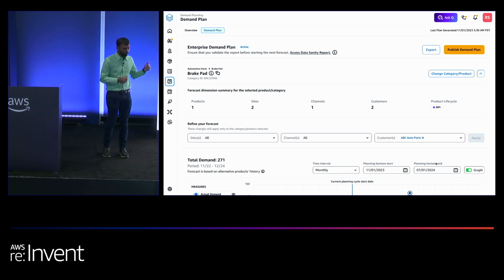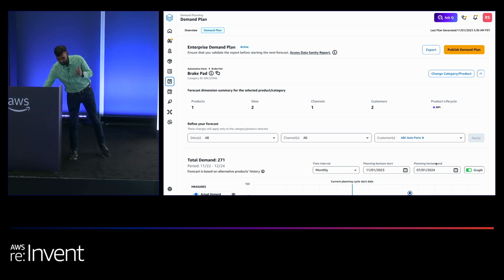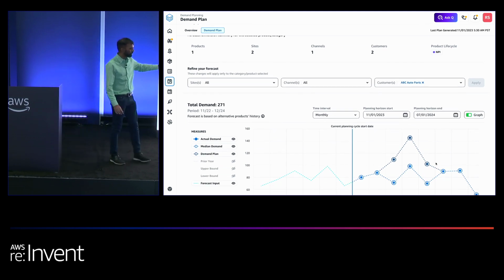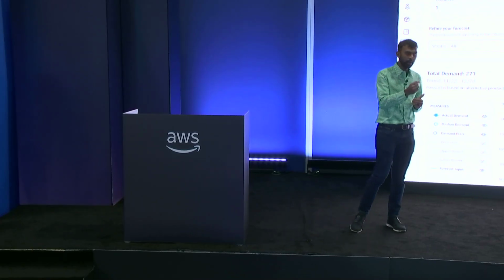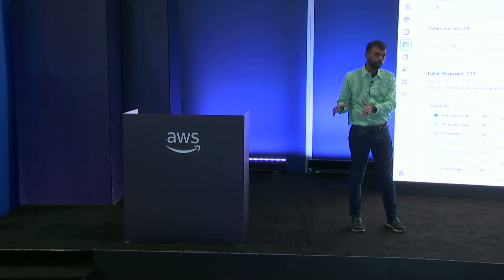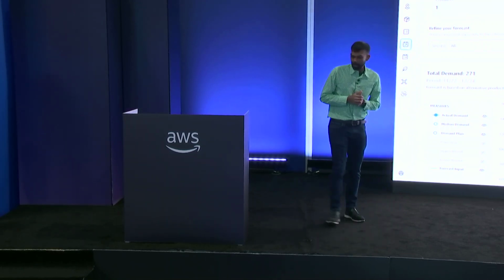We saw how the application has a flexible UI where the demand planner can not just review the forecast, but also interact with it in real time. And we also saw a use case where if there are external inputs coming into your demand plan, how does that impact your final plan that you want to push to a downstream system?